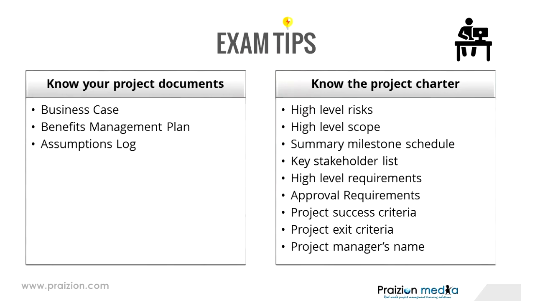How do we know this project is a success? And what are some of the requirements for the project being approved? You know, who decides if the project is successful? And we also have the project exit criteria. What conditions need to be met to close the project? And of course, the project manager's name, whoever's been assigned to the project. Okay. And that concludes our first process of the PMBOK Guide 6th edition, Develop Project Charter.